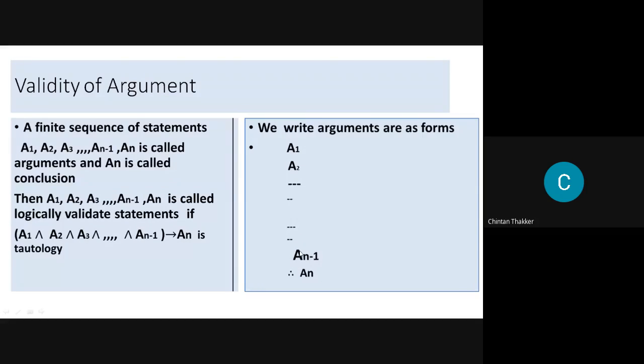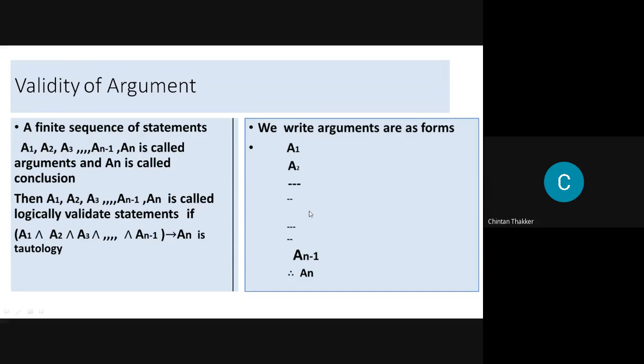These are the premises, and therefore An. The An is called the conclusion. If the argument is given in this form, the whole expression is called the argument.